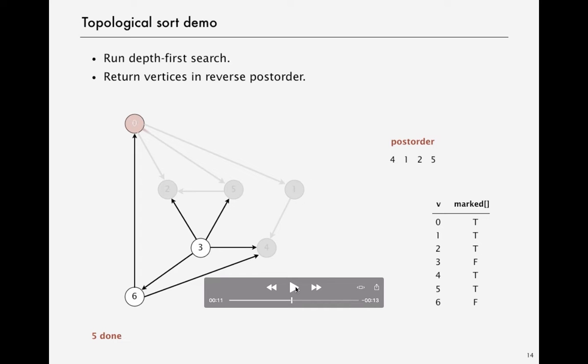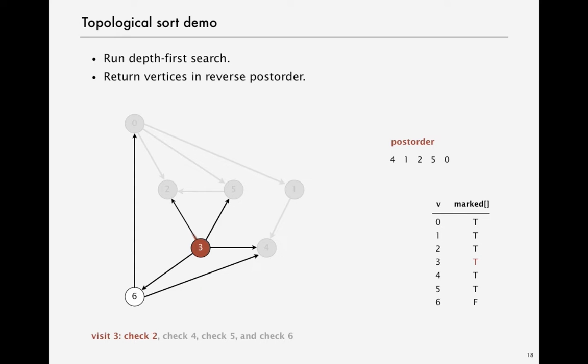So now we have to check all other vertices in the graph, or find some other place, and so we just check the vertices in order. Next one that we find that's unmarked is 3. So to visit 3, we have to check 2, 4, 5 and 6, and 2, 4, and 5 are already marked, so nothing to do.